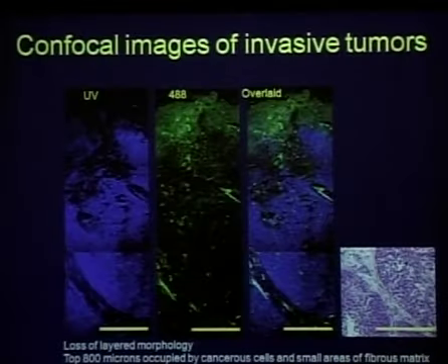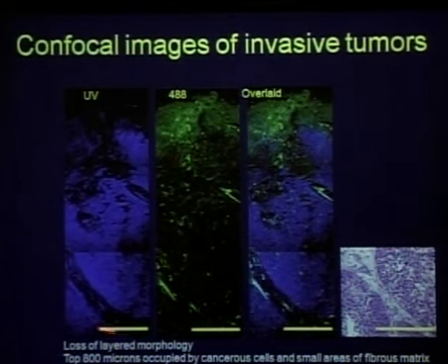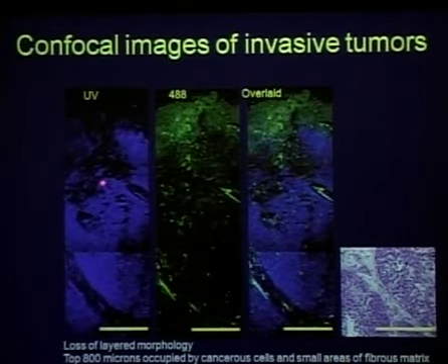With cancer, what you see is a disorganization of the tissue structure. You lose the layered nature of the epithelium and the stroma, and you have nests of tumor cells with intervening fibrous matrix surrounding them. And you can see here regions where we have the fluorescence of the tumor cells and the stromal matrix in between.